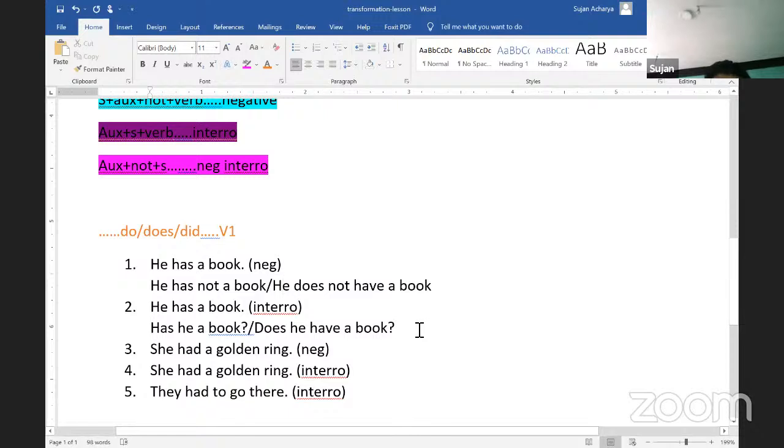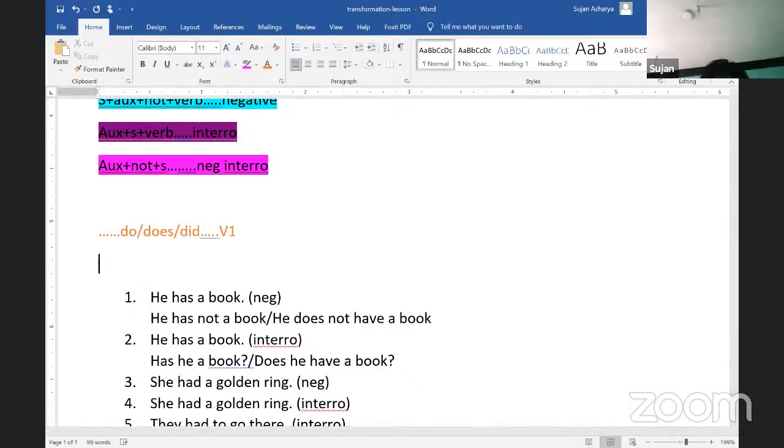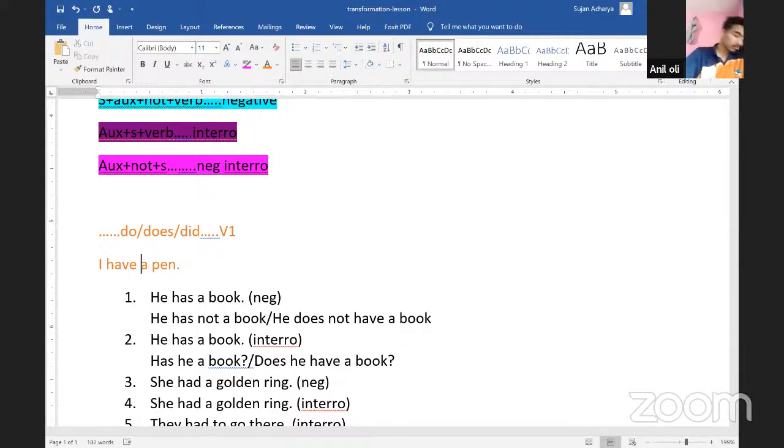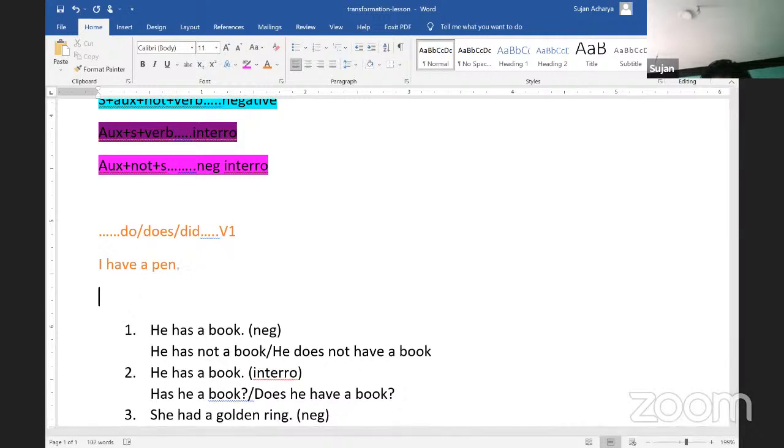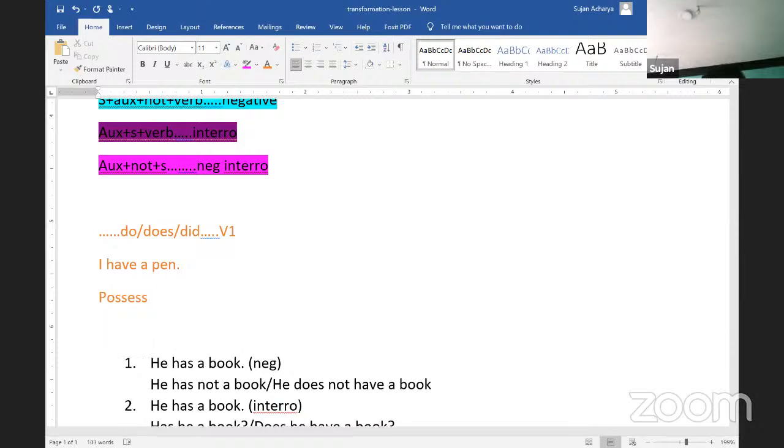Why are both these answers correct? See here. I have a pen means I own a pen. I'm the owner of the pen. One uses have as possessive: I possess the pen. The other uses have as the only verb in the sentence.